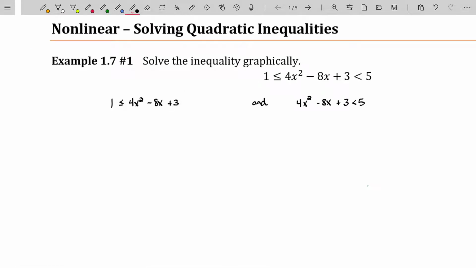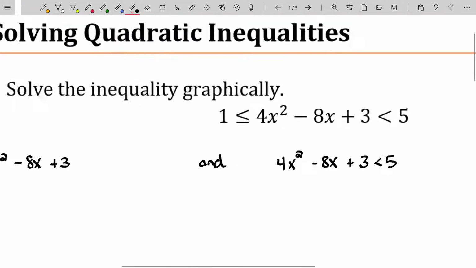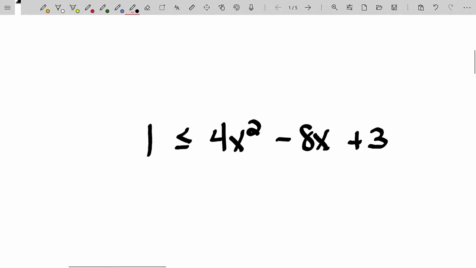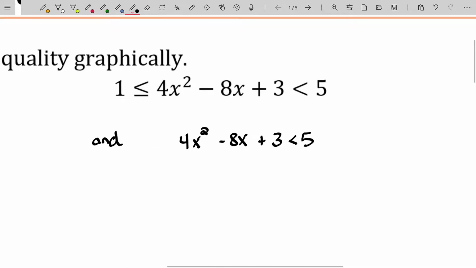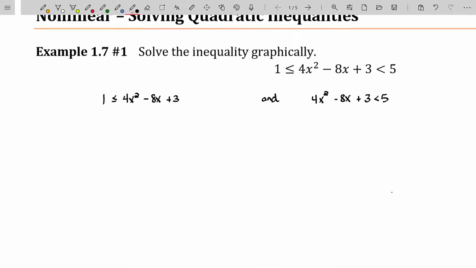You have a quadratic expression here, 4x squared minus 8x plus 3, and it simultaneously has to be greater than or equal to 1 and less than 5. So you solve both of these inequalities separately and take the intersections of their solutions.